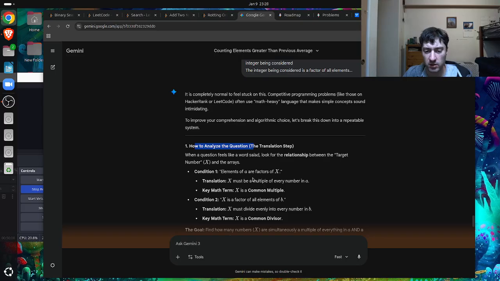X is a factor of all elements of B. Multiples and factors, okay? Well, here's another thing, I remember doing multiples and factors and all of that in algebra.